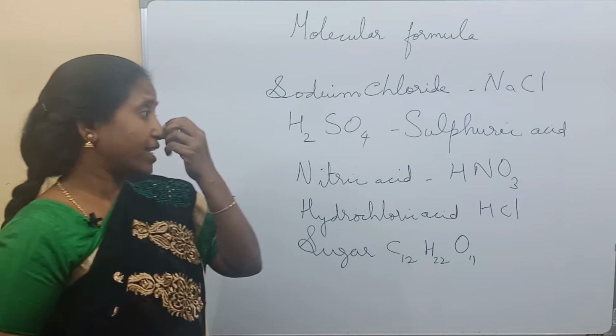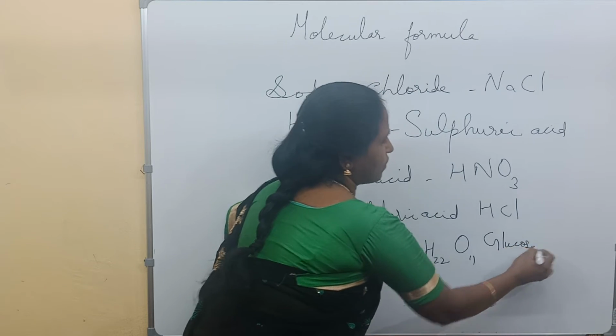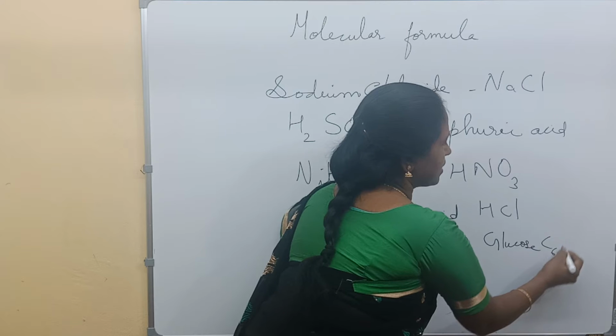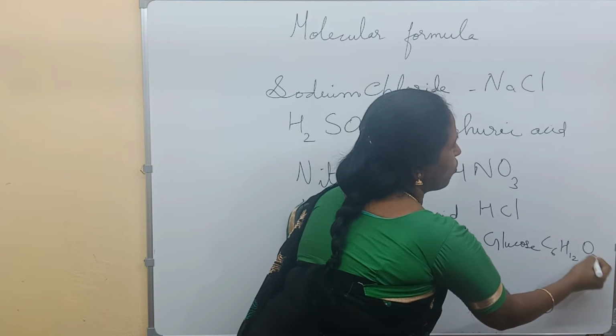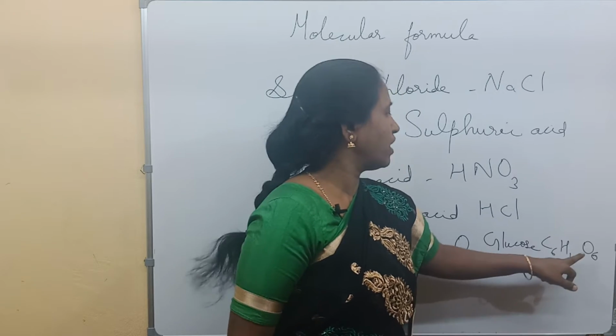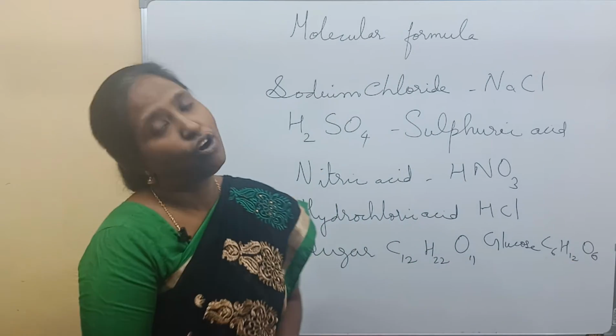Then you have glucose. The molecular formula of glucose is C6H12O6. That means 6 atoms of carbon, 12 atoms of hydrogen and 6 atoms of oxygen.